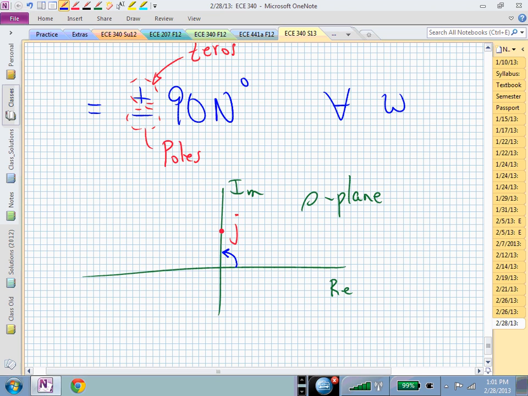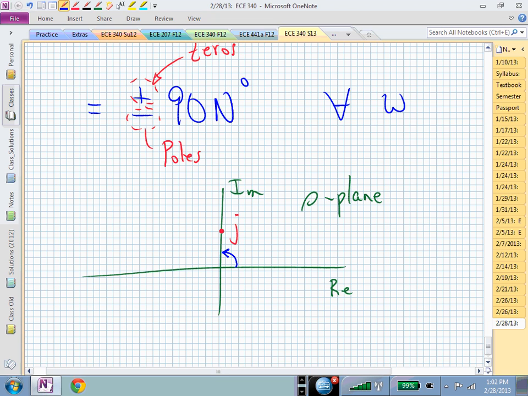You would just be going to 90 twice. If that was a 0, then you would just be saying, that's in the upstairs, or in the numerator, that's a plus. And if it was a pole, now we have the same angle, it's just a pole is coming from downstairs, and that's why we're subtracting it. And that would give us our minus 90 n degrees for all frequencies.